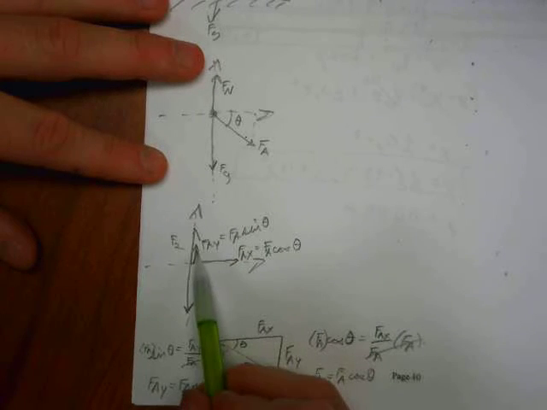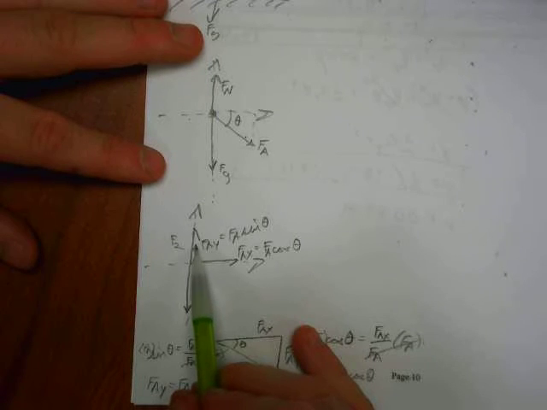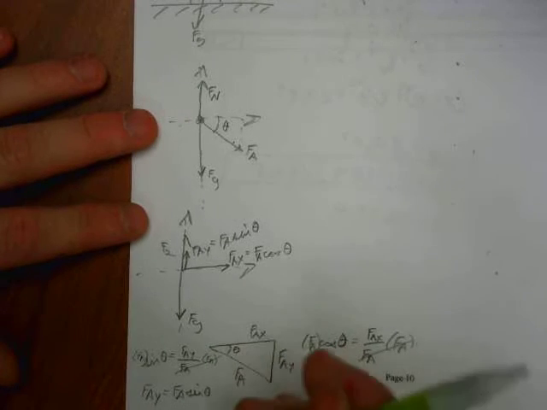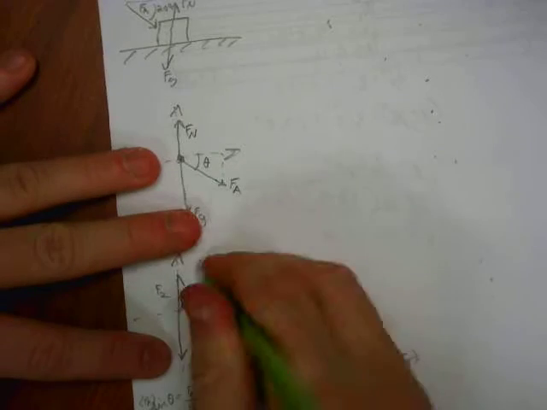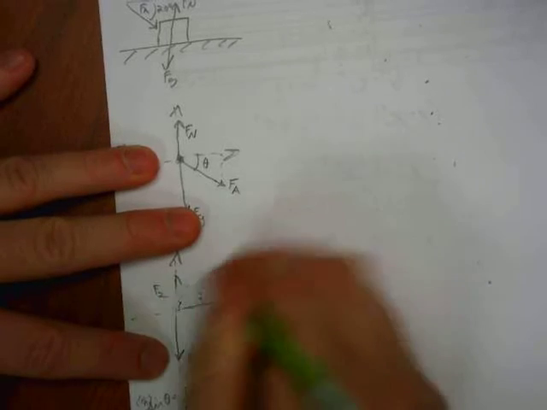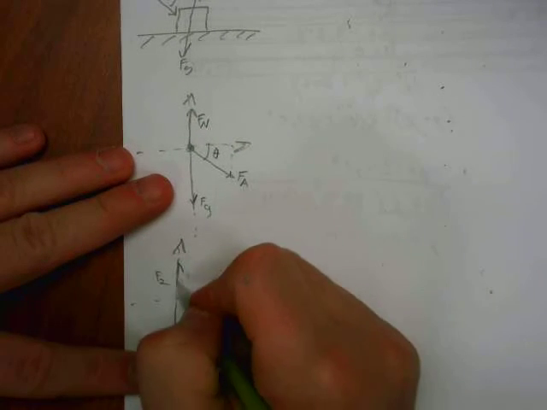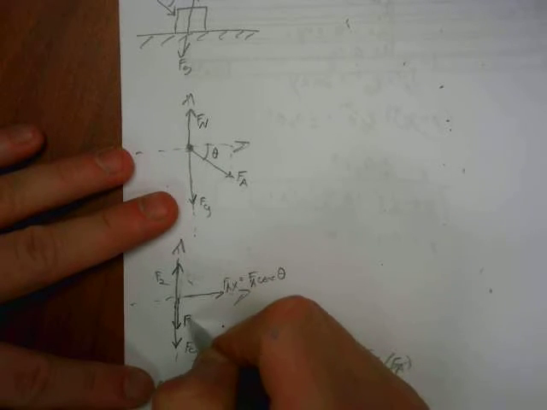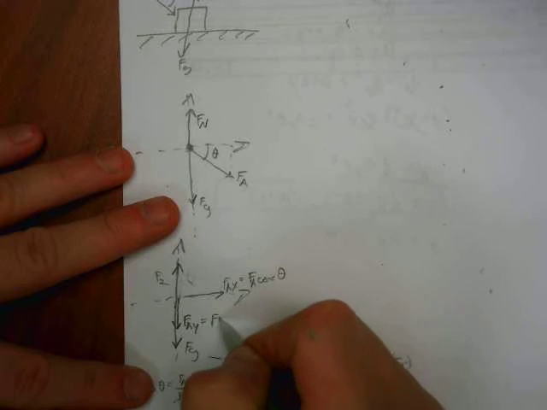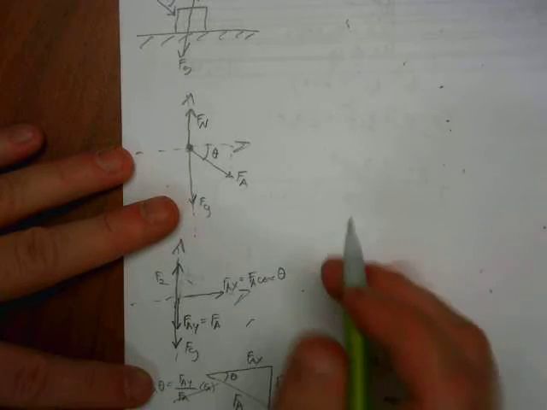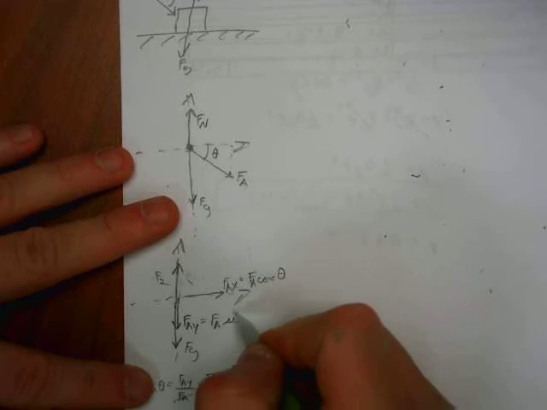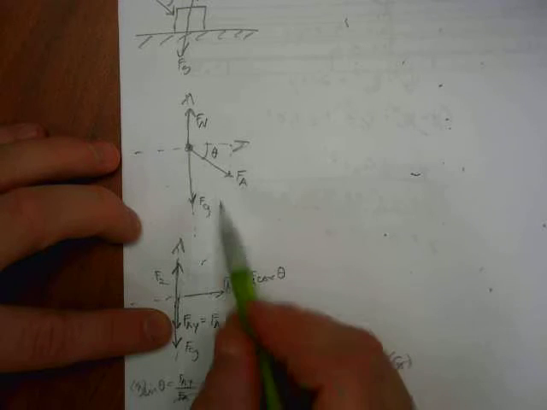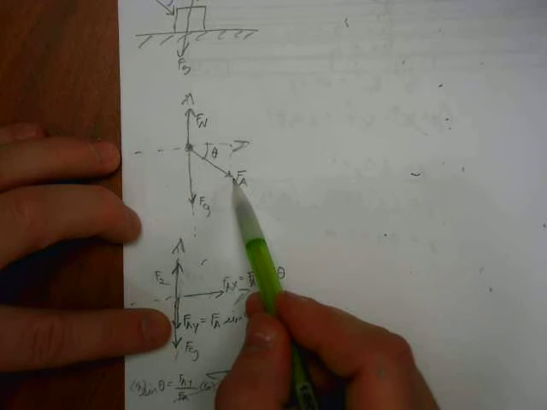Sorry, that didn't make any sense whatsoever, because these two components must add up to this vector right here.